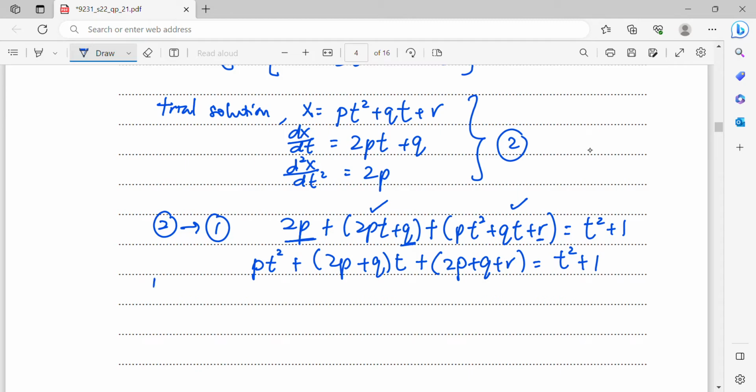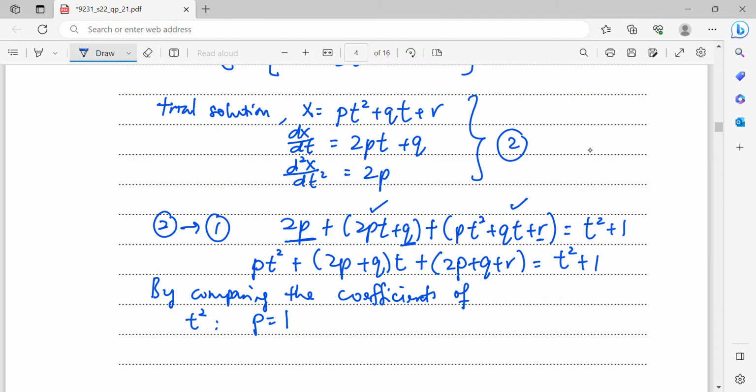Now by comparing the coefficients of t squared: left hand side is p, right hand side is 1 t squared, that means p is 1. So found the p.